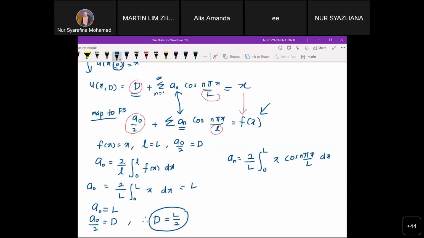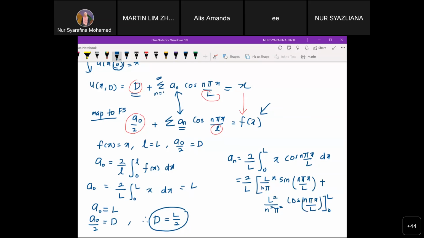Okay? So here we have 2 over L, by tabular method, we are going to have L over nπ sin(nπx/L) plus L squared over n squared π squared cos(nπx/L).